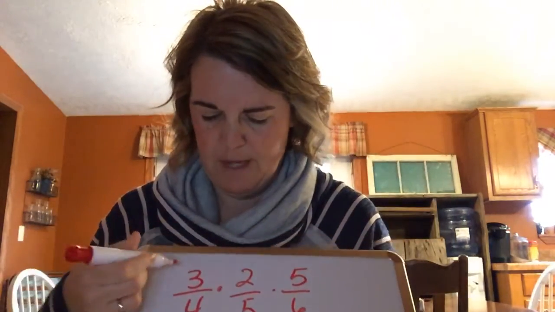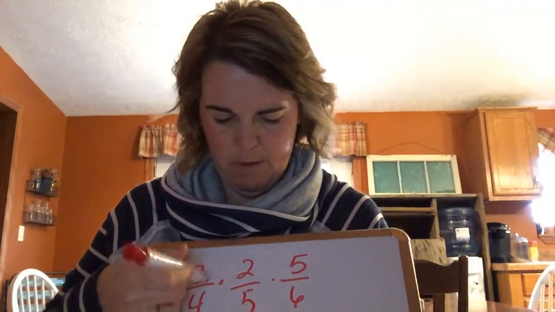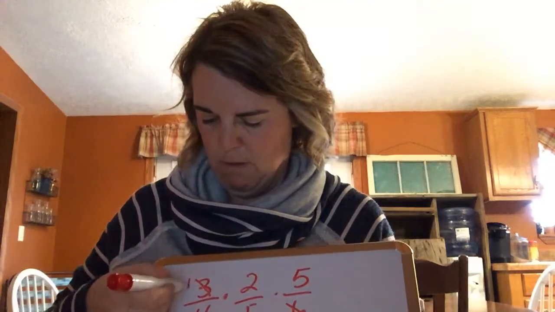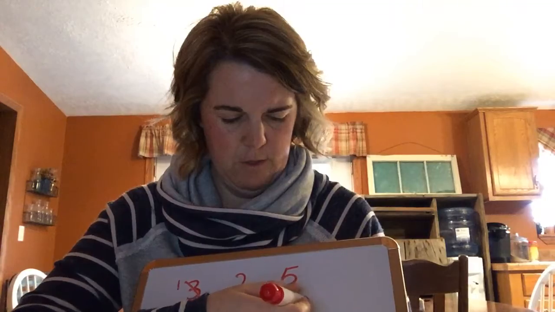Okay. So we've been doing like 3/4 times 2/5 times, I think that's 5/6. Okay, we've been doing something like this, and remember this is where we cancel out. We go, yep, the 3 will go with the 6, so this is a 1, this is a 2.